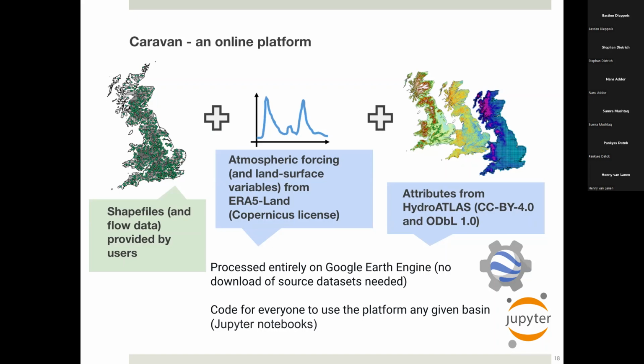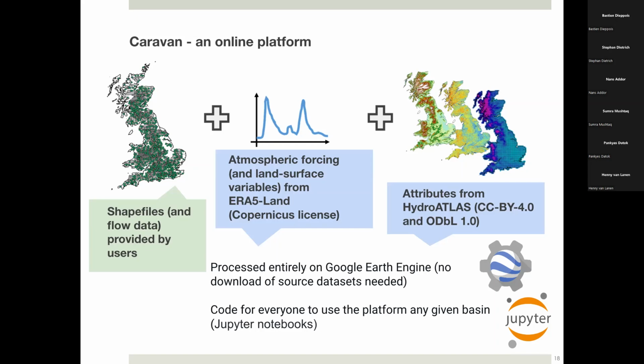ERA5-Land is used for the atmospheric forcing. ERA5-Land is a reanalysis that many of you will be familiar with, produced by ECMWF, and from which we extract a range of atmospheric variables, including temperature and precipitation, but also some land surface variables like soil moisture and snow water equivalent.